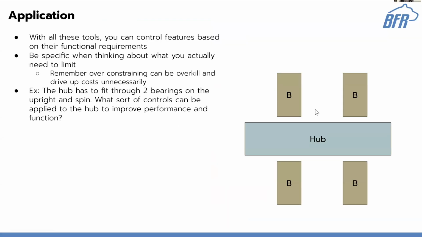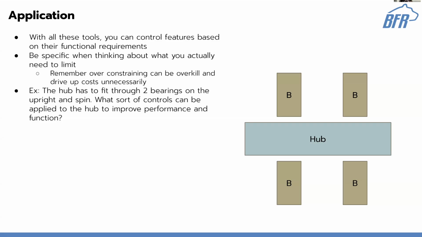Okay, so application. Like with all these tools, you can use the control features to control the functional requirements of your parts. You should be specific when you're thinking about what you actually need to limit. Not everything needs to be controlled. Some things just aren't that deep if you mess it up. But some features are really critical, and it's important to know when to sharpen your accuracy.